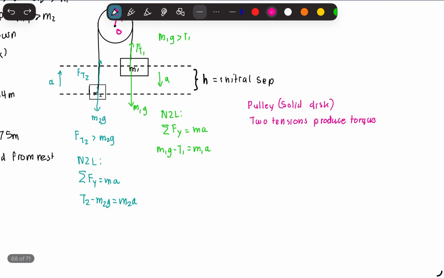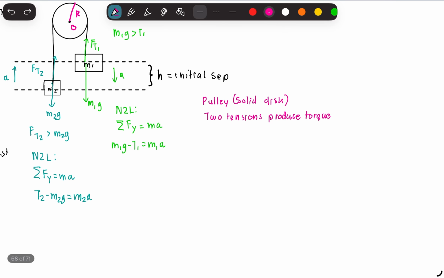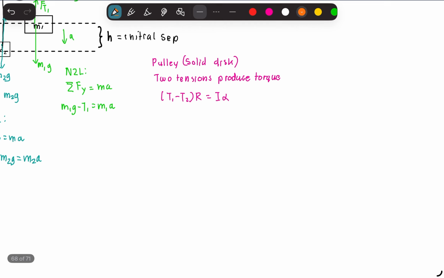And T1 and T2 are one string. We know here the moment of inertia is 1/2 mr squared for a solid disk.